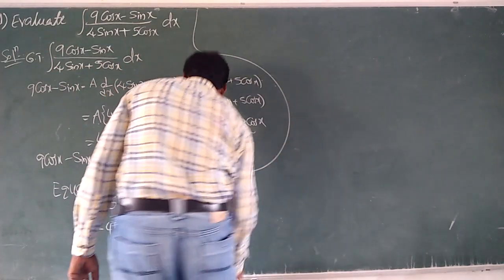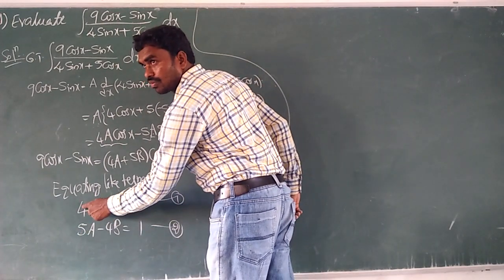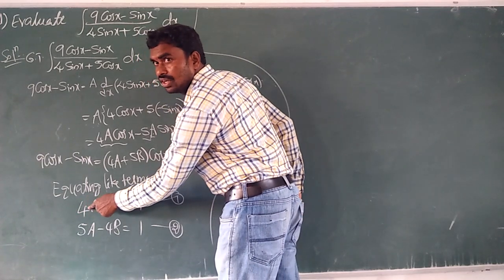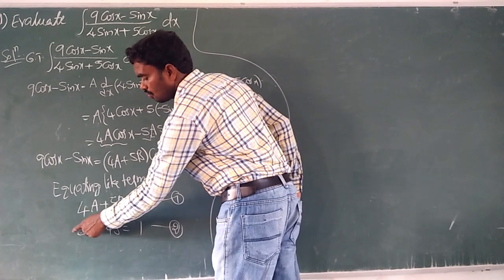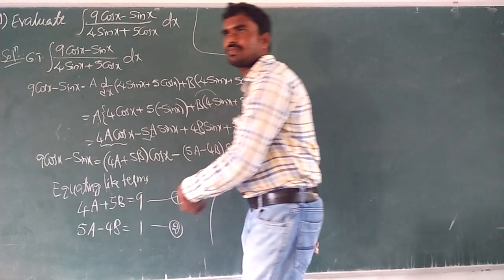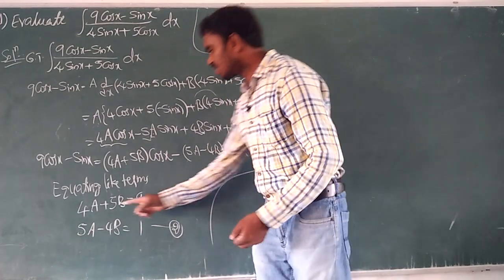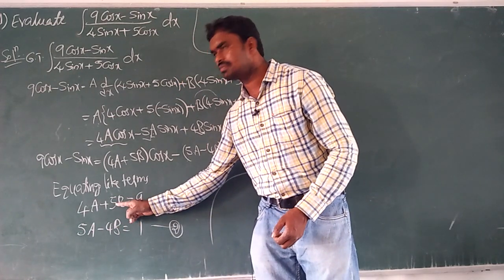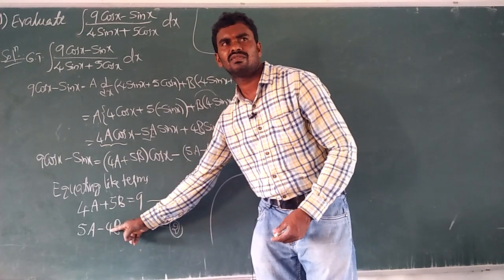How? See, here the a coefficient is 5, here the a coefficient is 4. Multiplying one with 5 and the other with 4 gives 20 and 20, the same terms. By subtracting we can remove the a terms and get the b value. Otherwise, equating b coefficients, 5 can be multiplied with 4 and 4 can be multiplied with 5.